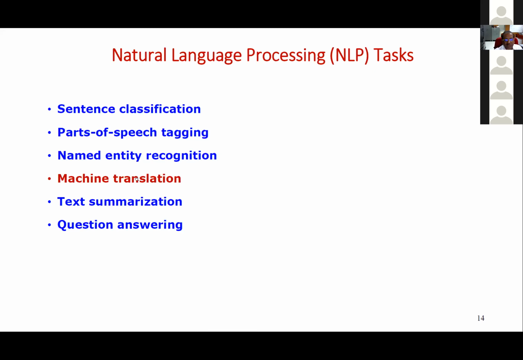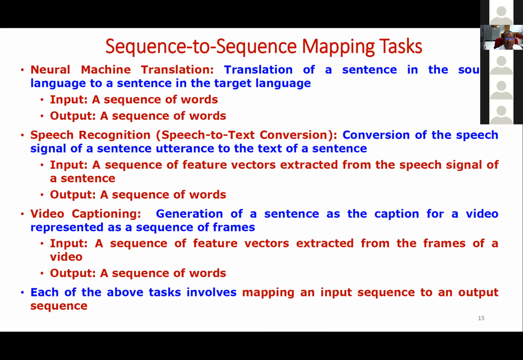But the sequence to sequence mapping task is much more complex, where it takes a sequence as input and then generates another sequence as the output. And as you'll be seeing, the transformer models are mainly designed for this kind of sequence to sequence mapping task.